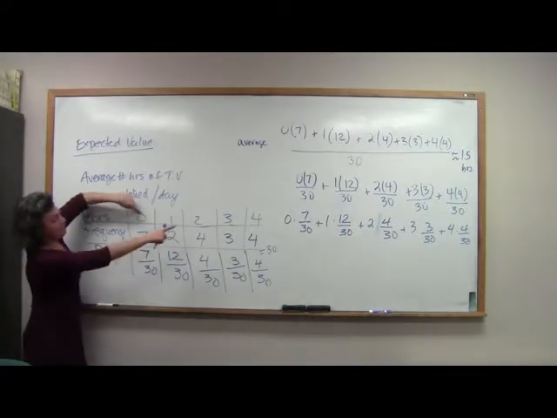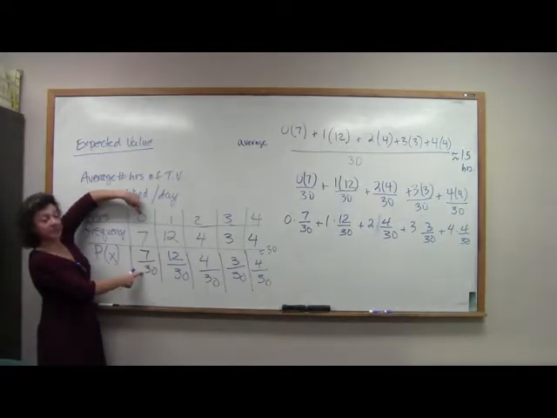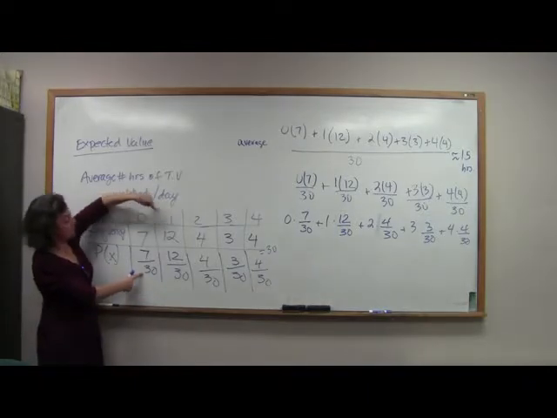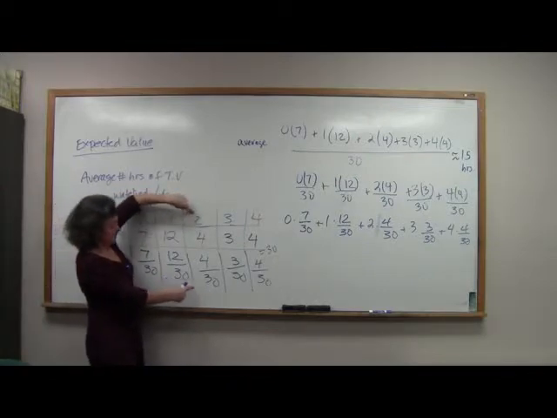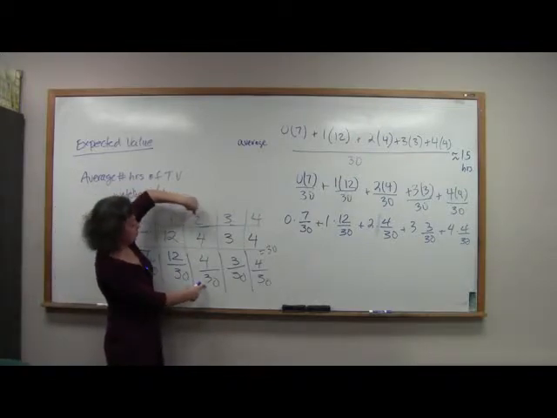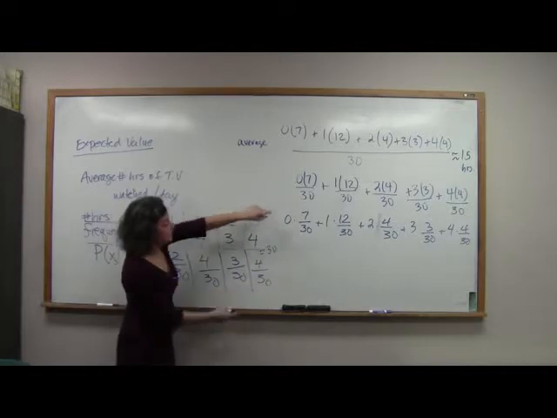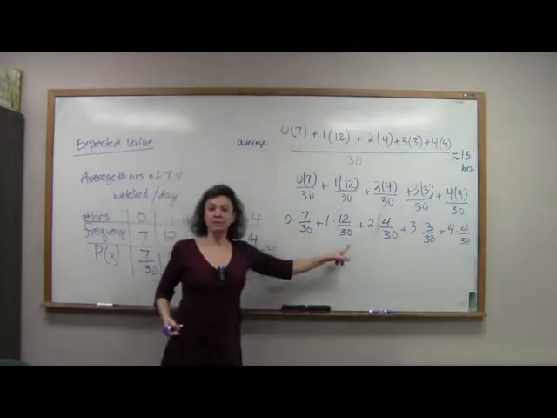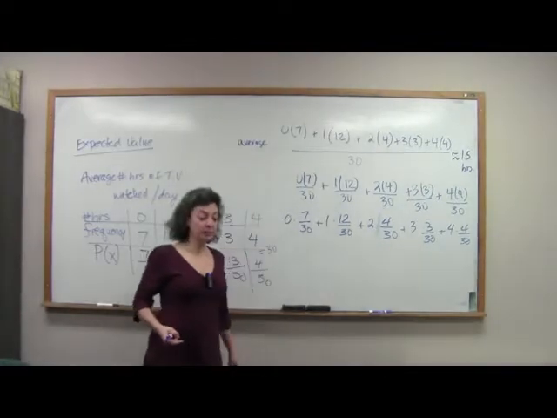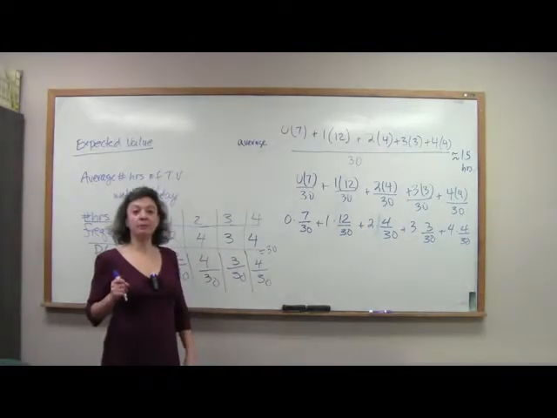Notice, don't I have my first x value times its corresponding probability, plus my next x value times its corresponding probability, plus my next x value times its probability, and so on and so forth. Notice I'm taking each x value times its corresponding probability and I'm adding them up.